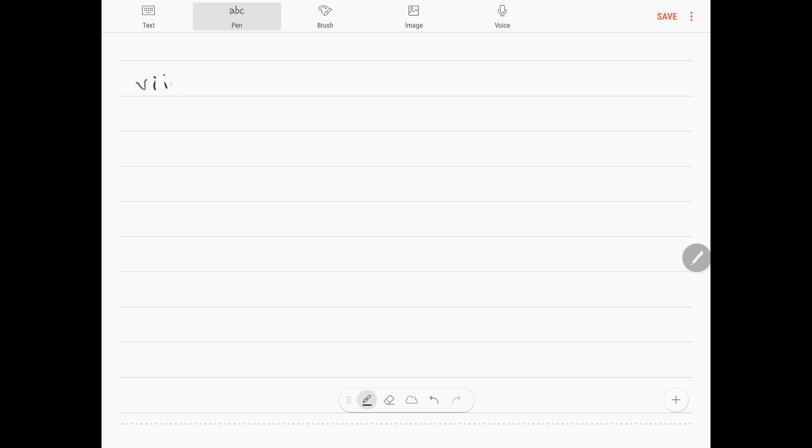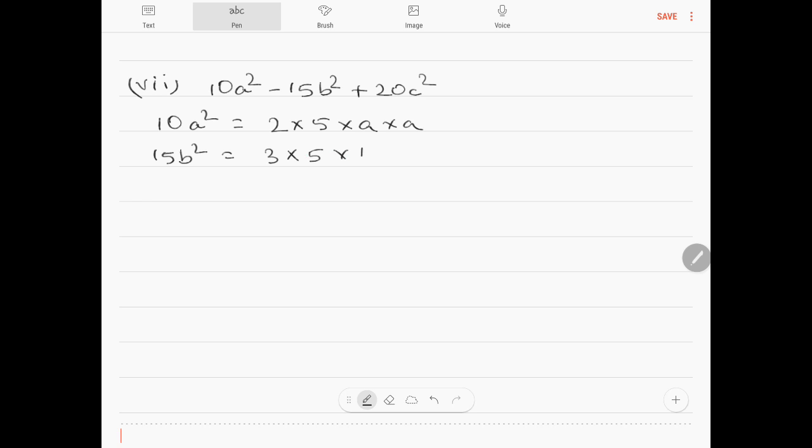Problem number 7, 10a square minus 15b square plus 20c square. 10a square is 2 into 5 into a into a. 15b square is 3 into 5 into b into b. 20c square is 5 into 2 into 2 into c into c.